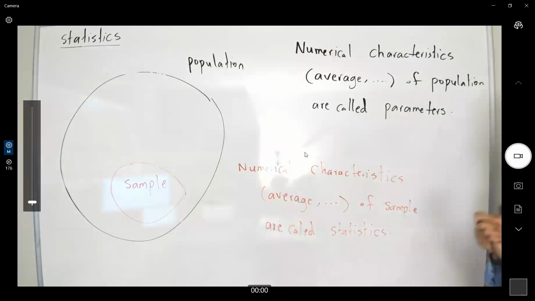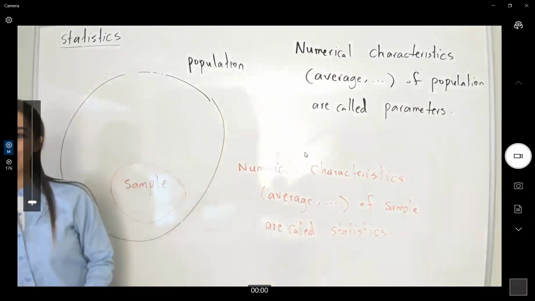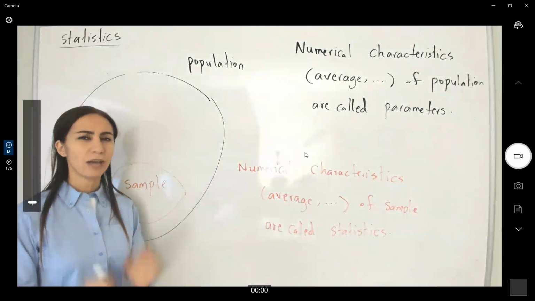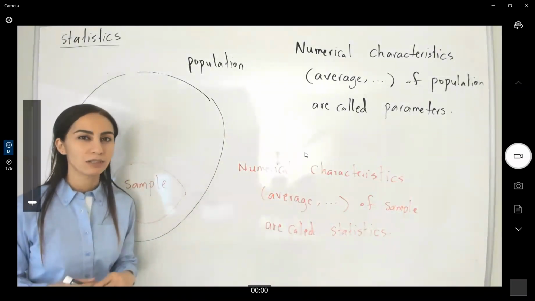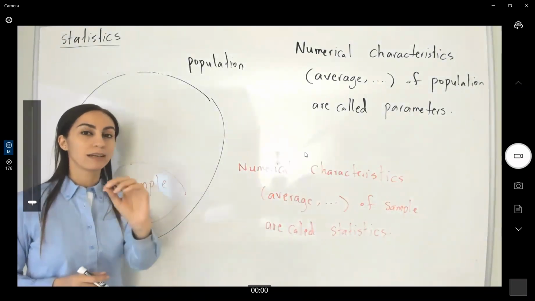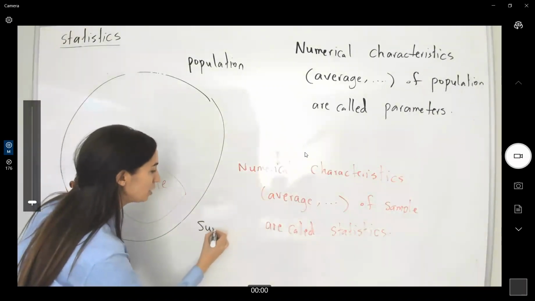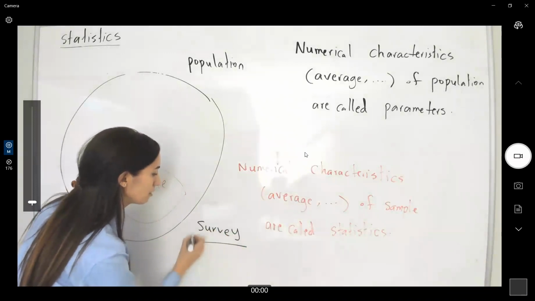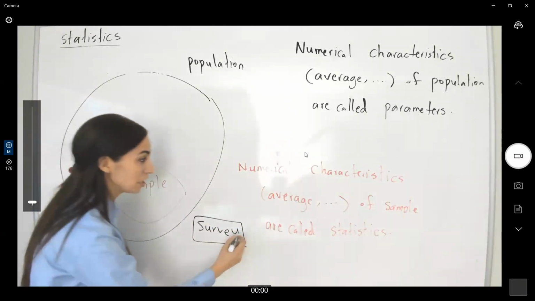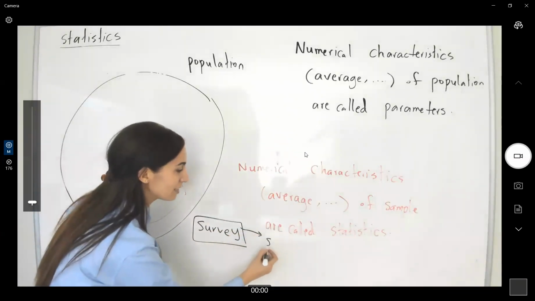Numerical characteristics like average, standard deviation, and so on of a sample are called statistics. When we talk about a sample, one of the famous keywords saying you actually have a sample is survey. In this example, we have the keyword survey. When you have a survey, it means that you have a sample.